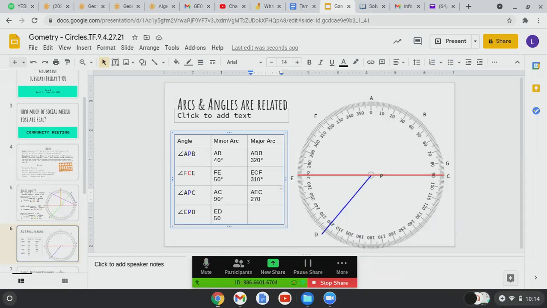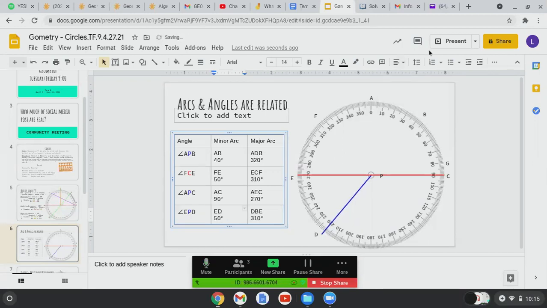DBE? D who? What's in the middle? DBE, yes. All right, you said we're going to use DBE, and Ty, you said it is 310 degrees.